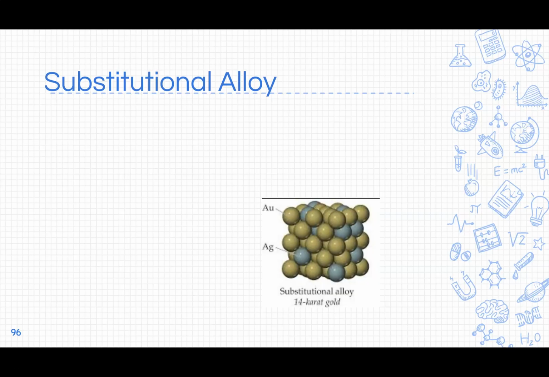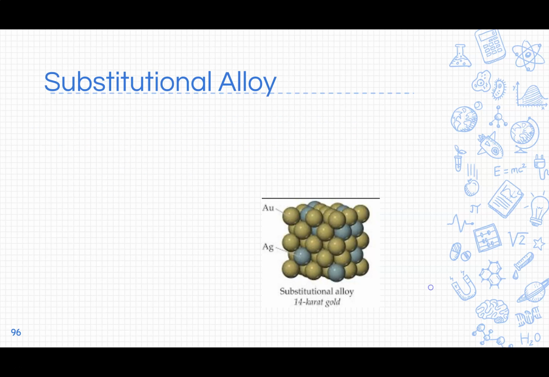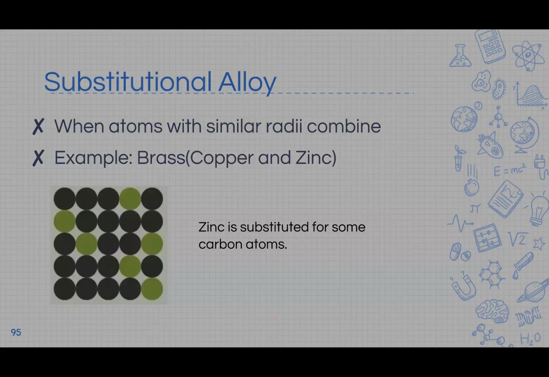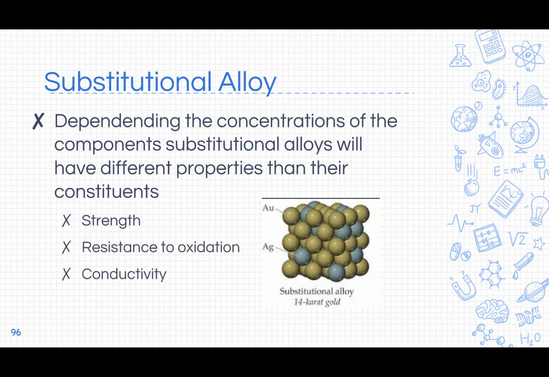Okay. A substitutional alloy, you can really vary the concentrations of the different things, like the concentration of copper to zinc can vary. And if you vary that, you can get different types of properties. And so we might be able to change the strength, the resistance to oxidation or rusting, increase or decrease the conductivity, increase or decrease the melting point, and of course, change the price.